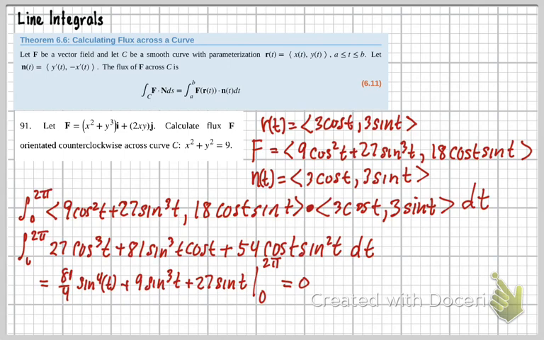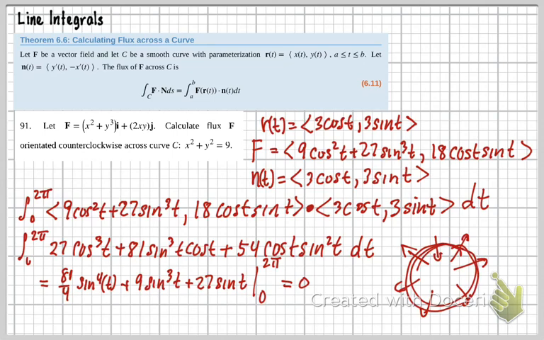So what this is saying here is that the flux of F across C is 0. And we think about that circle here. Remember, it's outward flux. So are the vectors pointing outwards from the curve or inwards from the curve? And what it's saying is, all together, when I go all around it, it's 0.